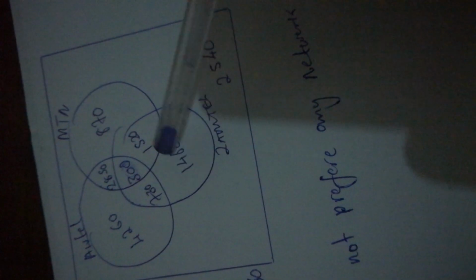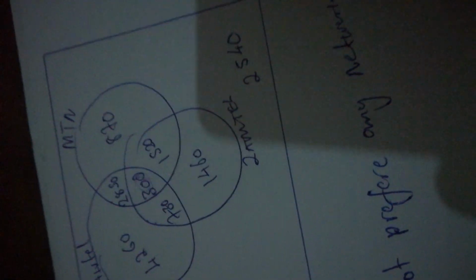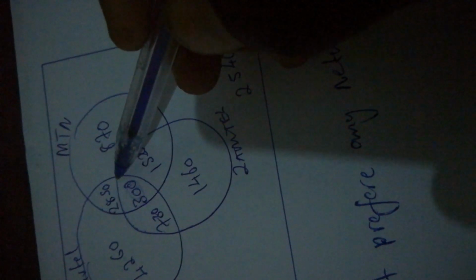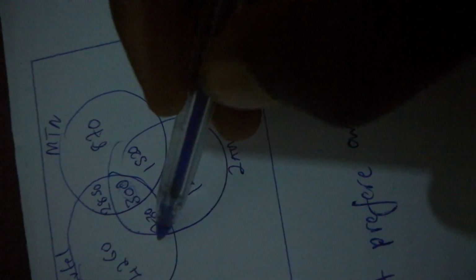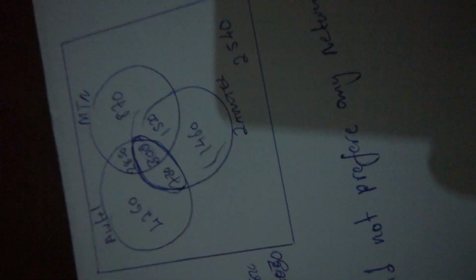So if you look at this here, these are the people who preferred Zamtel, but we'll exclude this circle here, because in here you've got the number of people who preferred Zamtel and also preferred Airtel, but we just want those who preferred Zamtel. So those who preferred Zamtel, it's these, regardless of the other set, because we just want to remove those who preferred Airtel.